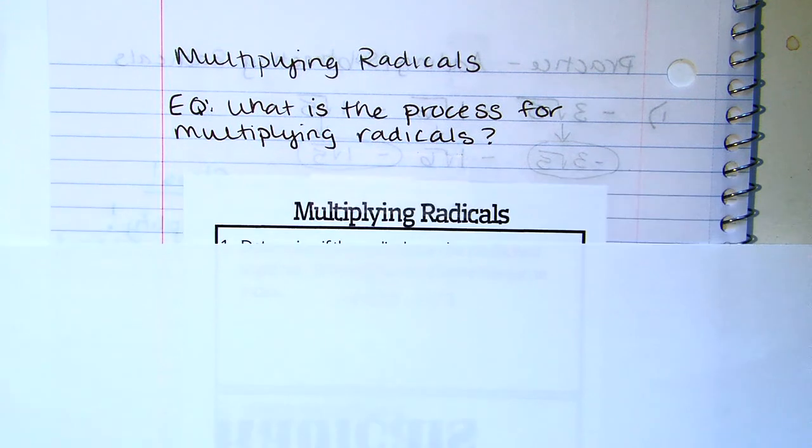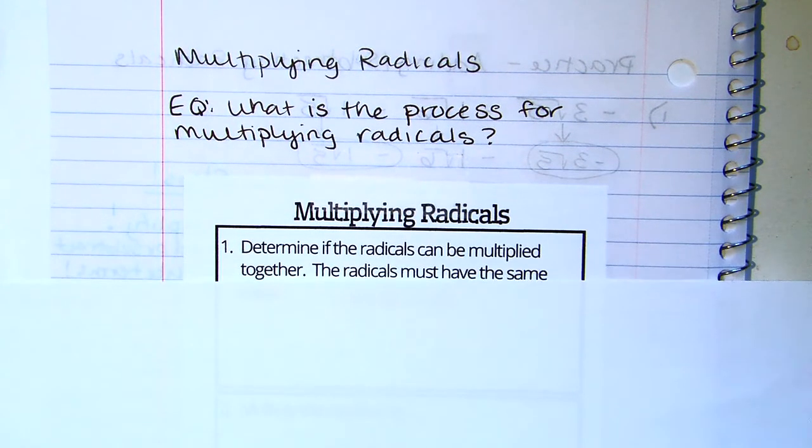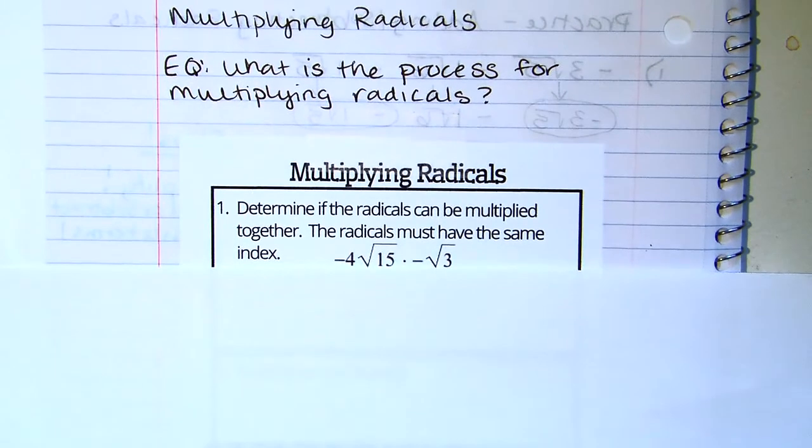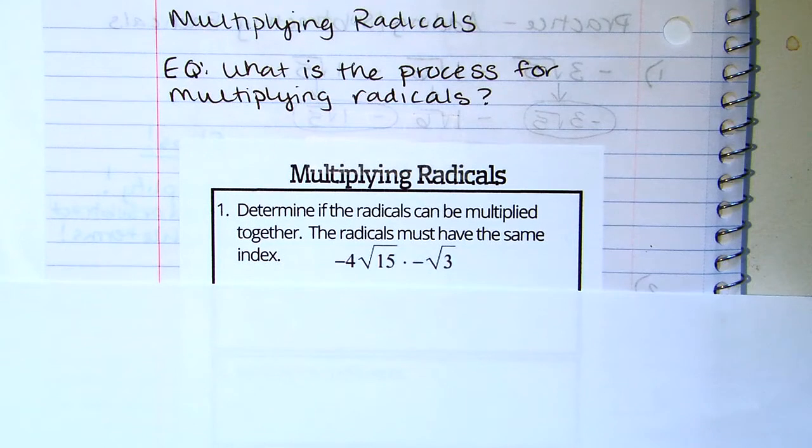Here we go. So when we are multiplying radicals, the first thing we want to do is make sure that the radicals can actually be multiplied together. Now, the one thing that they, along with adding and subtracting radicals, must have in common is that they have to have the same index.